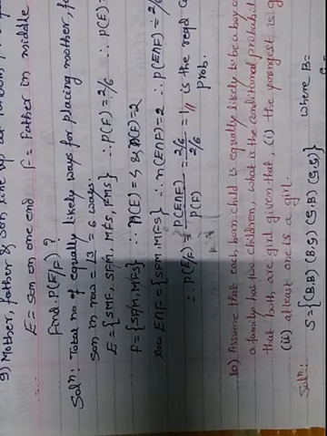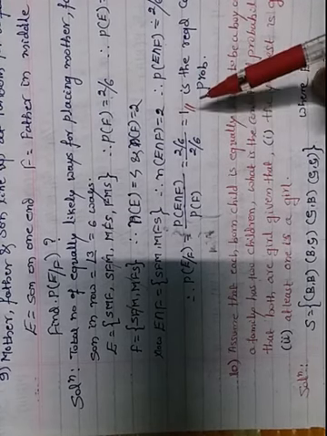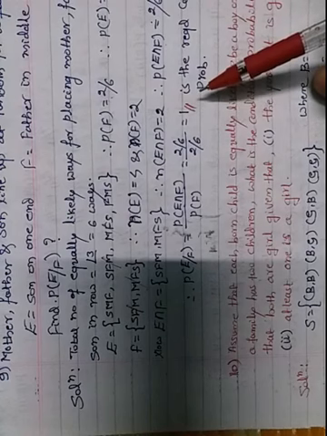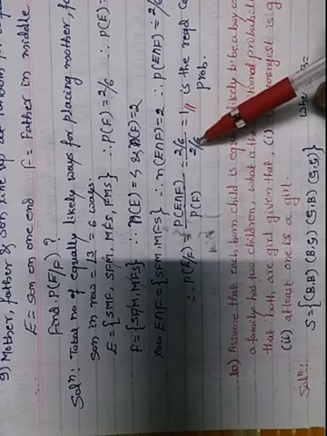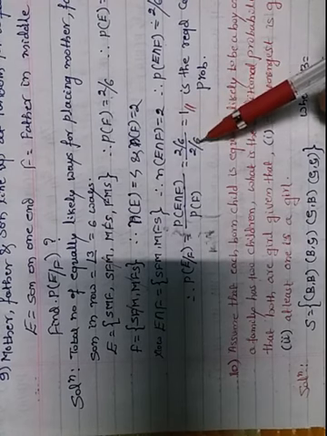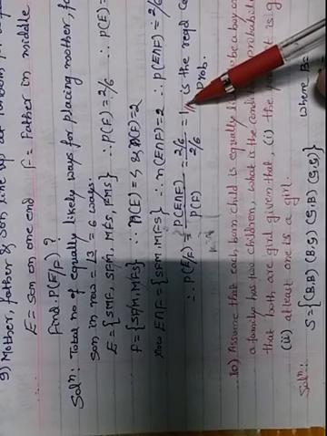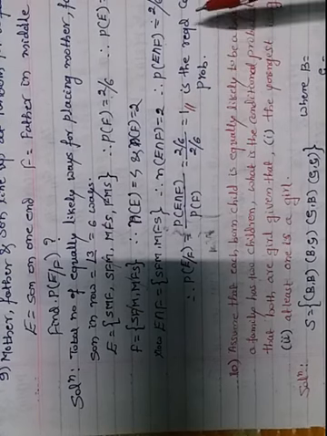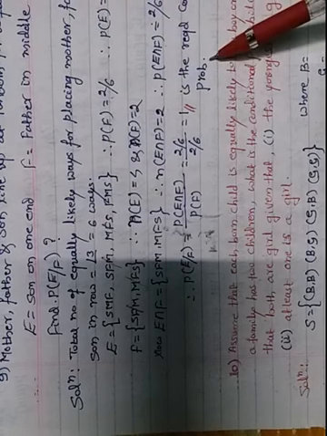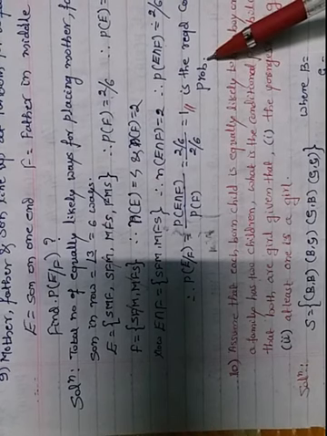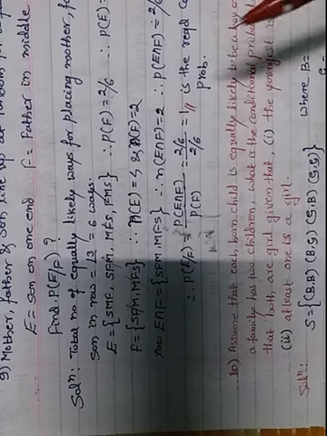Probability is defined in whole numbers, sometimes maybe fractions also. Here 2 by 6 upon 2 by 6 gives 1, which is the required conditional probability. Am I right here? The 9th answer is over. Okay.